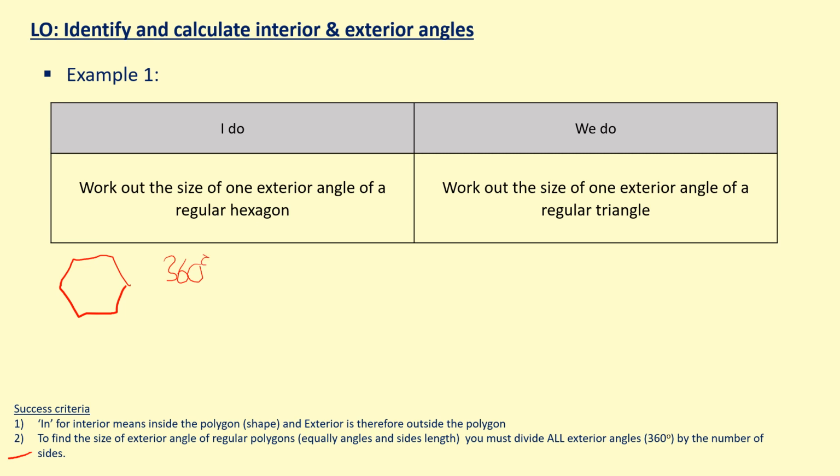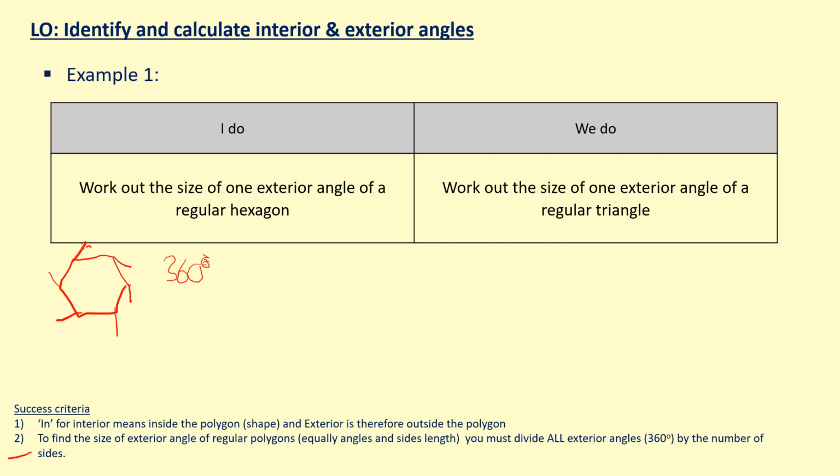And it's 360 because it says in number 2 that all exterior angles add up to 360, so if I draw the lines, those would be our exterior angles. The line just goes on in a straight line from where it joins to the next one, as you can see here.